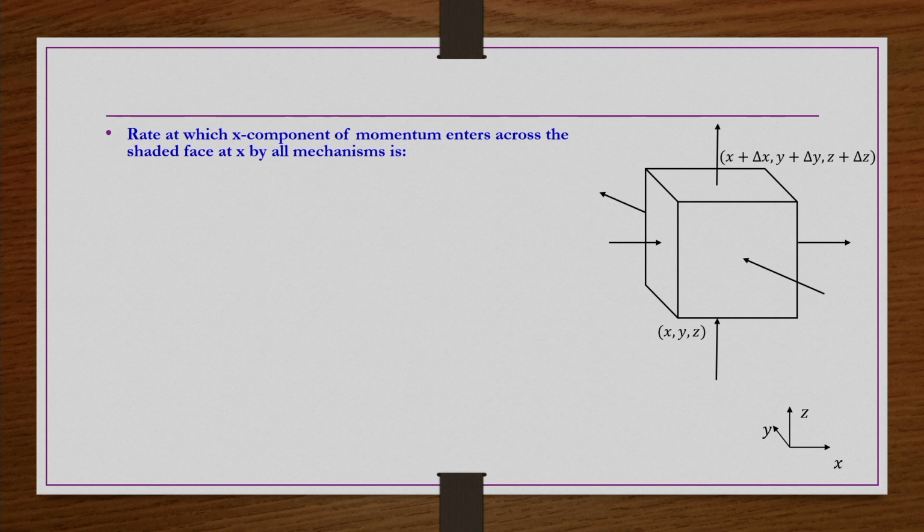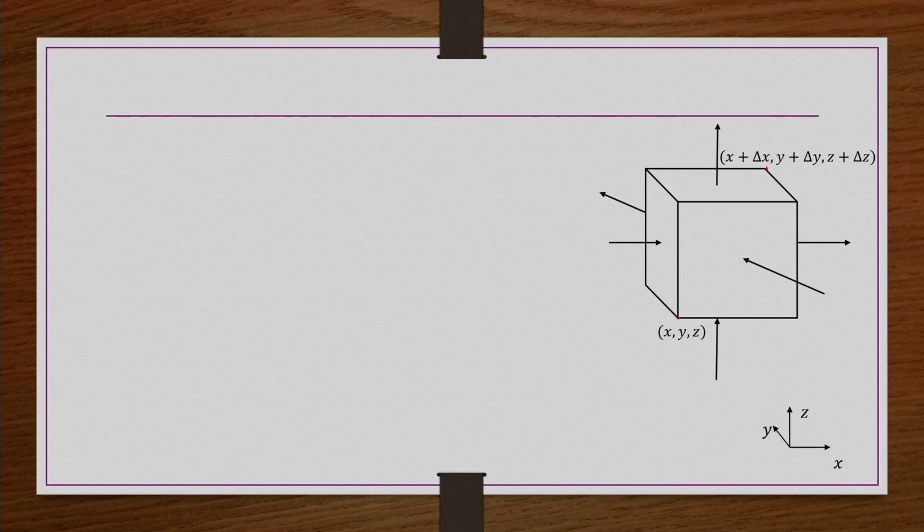The same control volume I have drawn here. Okay. So, this is your x, y, z, this location is x plus delta x, y plus delta y, z plus delta z location.